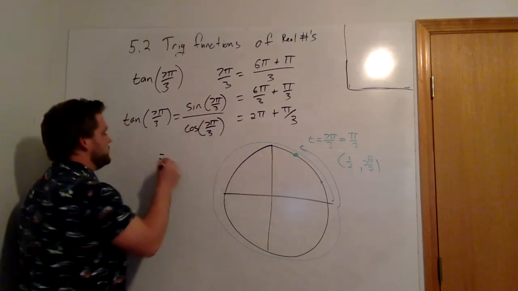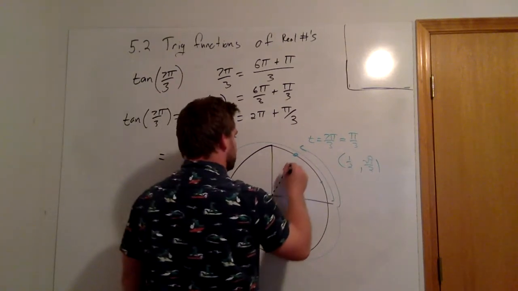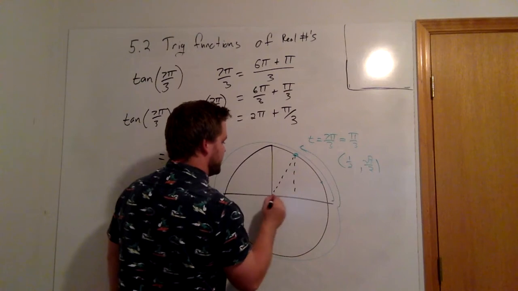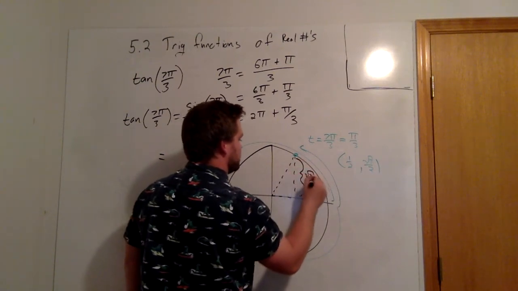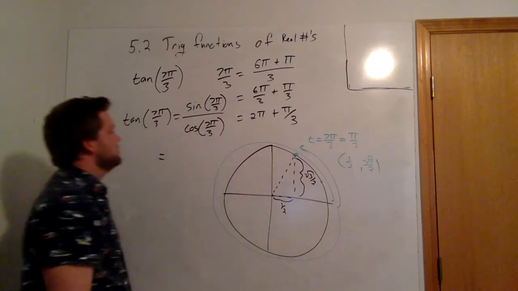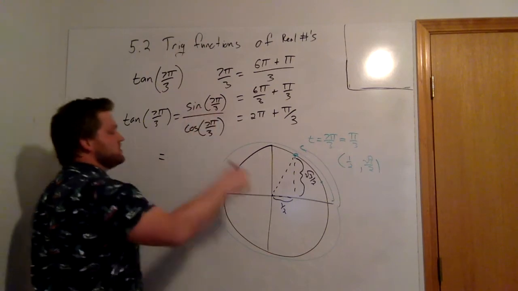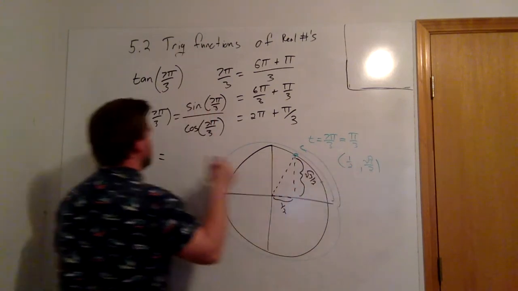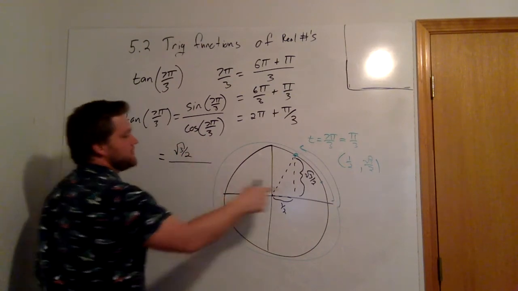Okay, so let's figure out what that'll be. Remember, this distance from here to here is root 3 over 2. The distance from here to here is 1/2. So sine of 7 pi over 3, that's the y-coordinate. The y-coordinate was root 3 over 2. And we're going to divide that by 1/2.